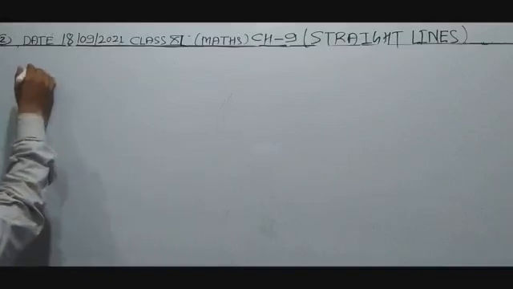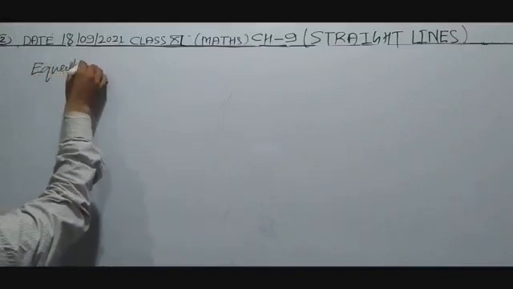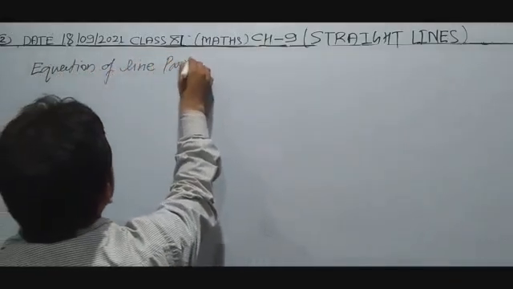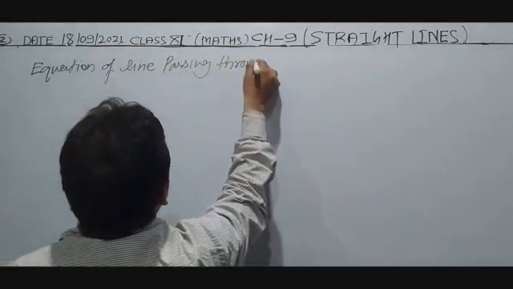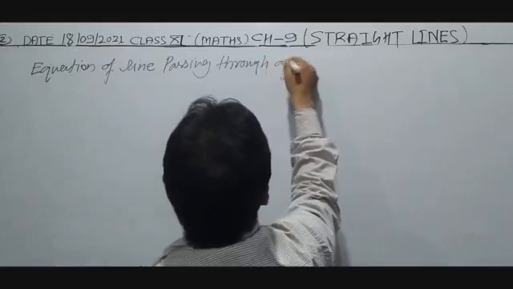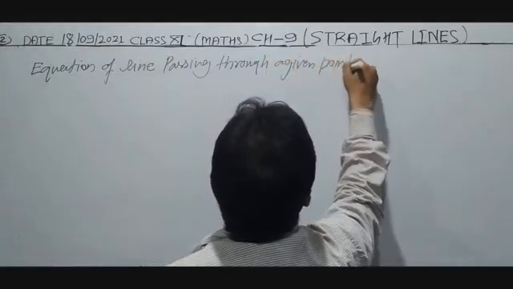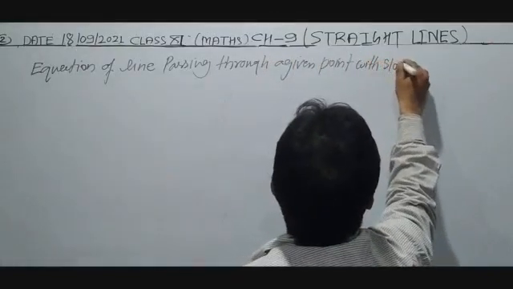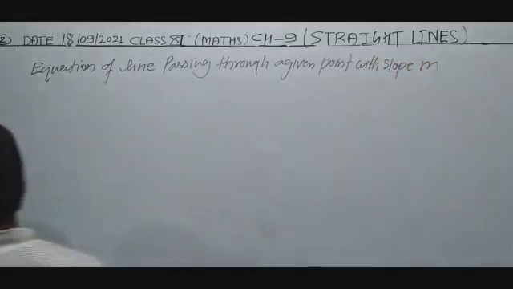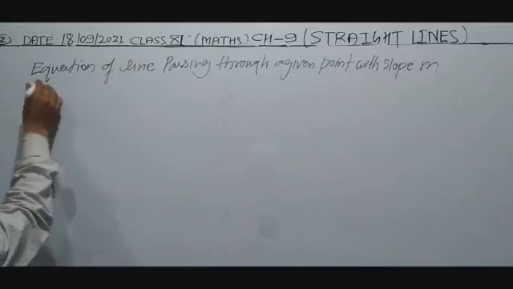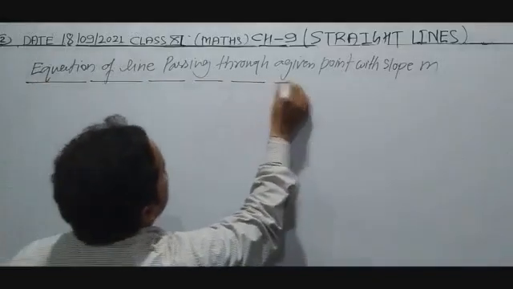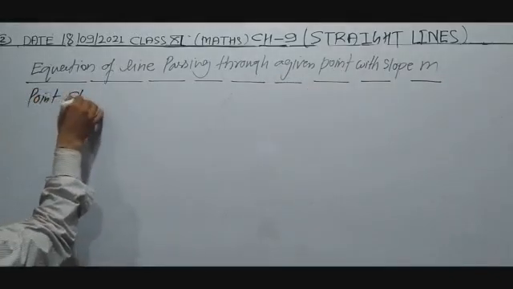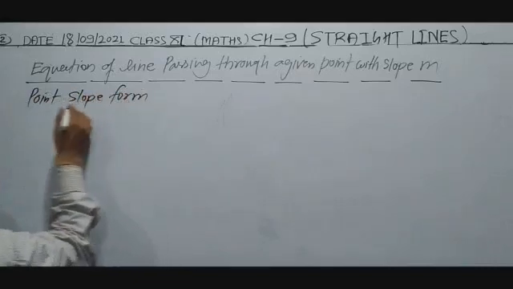Equation of line passing through a given point with slope m, this statement is also known as point slope form.